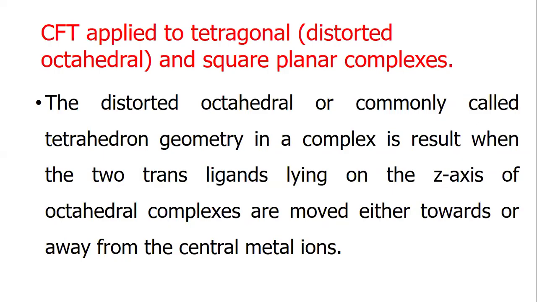The distorted octahedral, or commonly called tetragonal geometry in a complex, is resolved when the two trans ligands lying on the z-axis of the octahedral complex are moved either towards or away from the central metal ions.